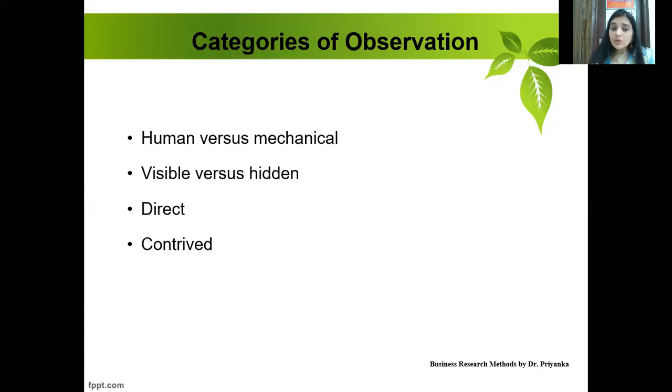That is also a kind of hidden observation. Or if it is being recorded by a camera which is hidden from the subject, that is also hidden observation through mechanical observation. So visible versus hidden, both kinds of observation are possible through human as well as through mechanical observation.